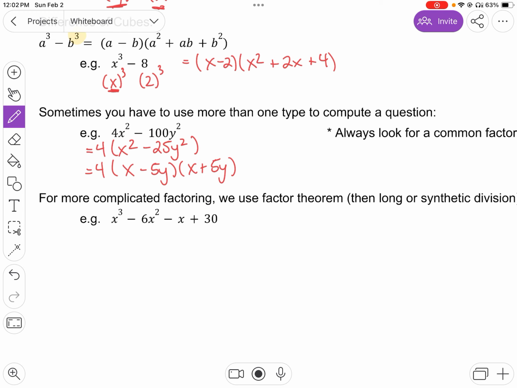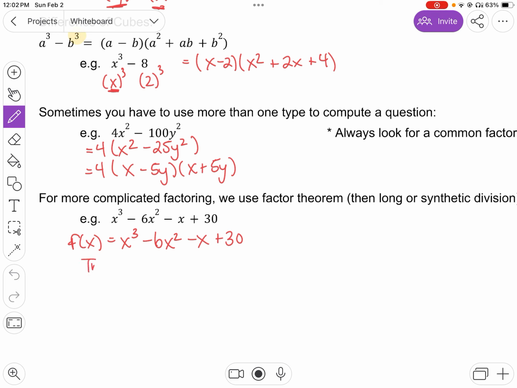So first, I'm actually just going to let this equal a function. So we'll call it f of x. Okay, so factor theorem tells us that if we can sub in a number for x that makes the whole function equal to 0, then we know that that is a factor.